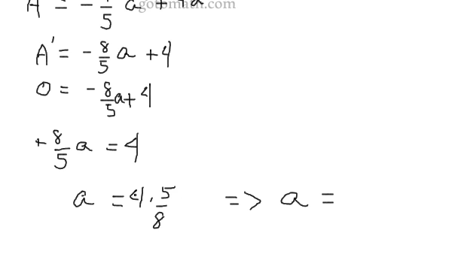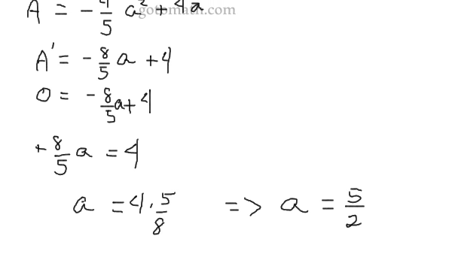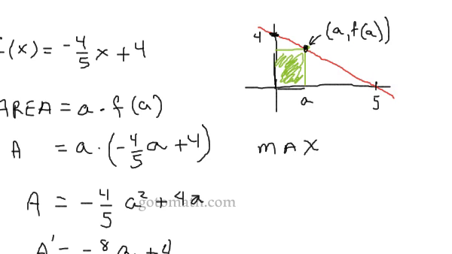So let's see, 4 goes into 8 2 times, and we are left with 5/2, which goes into, let's see, 2 point something times. So a is equal to 5/2.